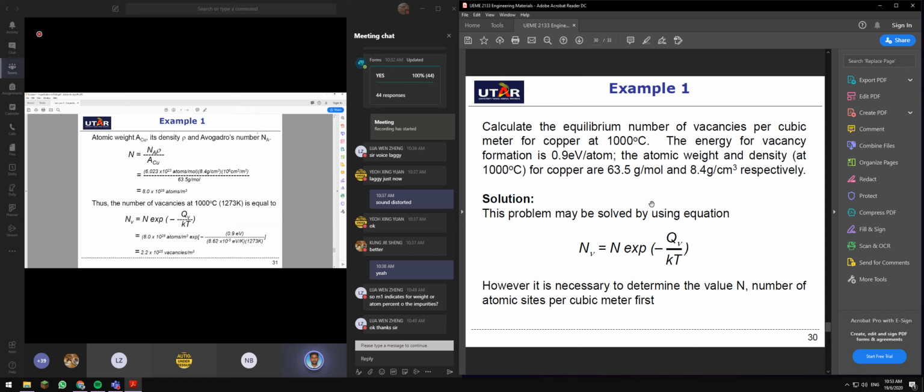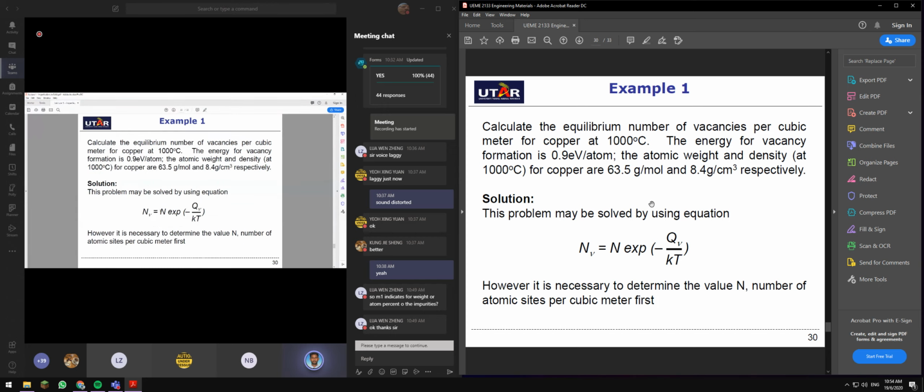I just want to let you know what Avogadro's number is: it is the number of atoms present in 1 mole of a material. So in 1 mole, there are 6.023 times 10 to the power of 23 atoms.